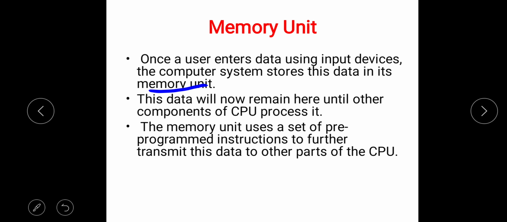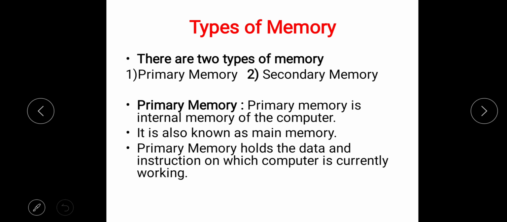So for continuous usage, we require storing it in the system. This data may remain here until the other components of the CPU process it. The memory unit uses a set of pre-programmed instructions to transmit this data to other parts of our central processing unit.